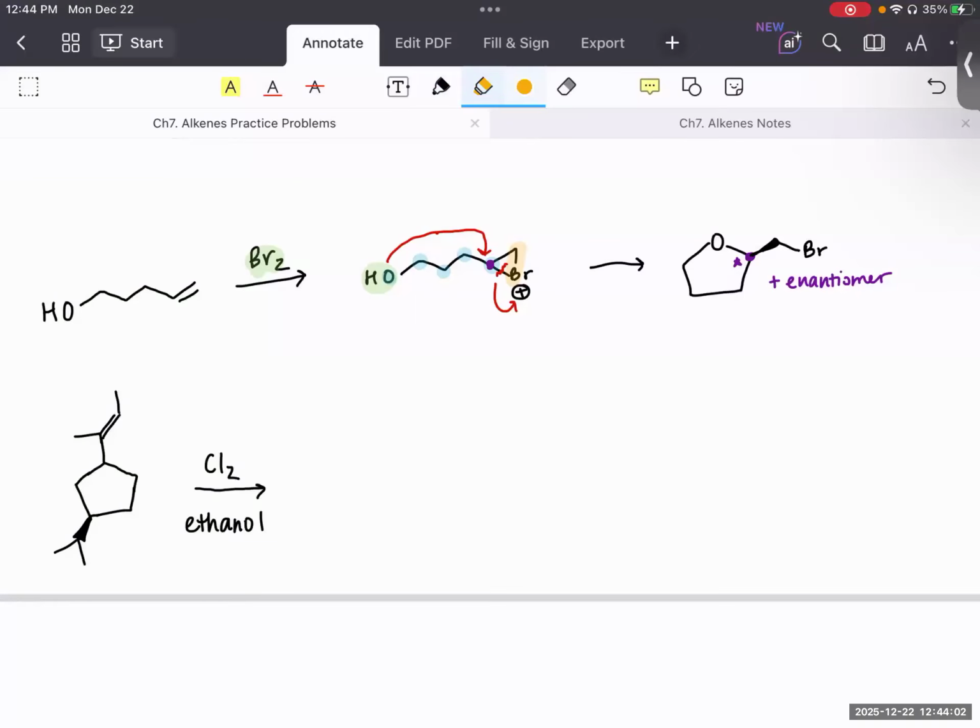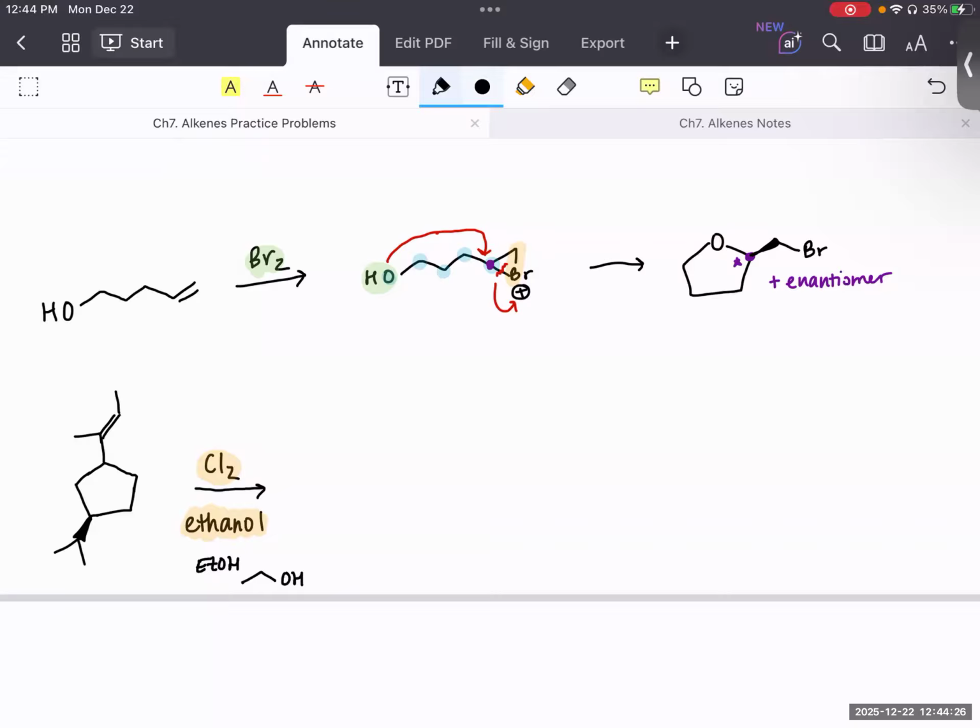All right, finally, we have our chlorine here, and then we're doing this in an ethanol solvent. And so we know that ethanol is an alcohol that can act as a nucleophile. And so for this reaction, we're going to want to draw out the structure of ethanol. And so you can either do that as EtOH, or you can draw out the structure of the ethanol itself.